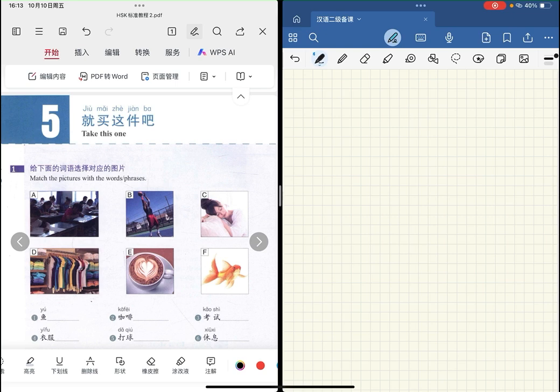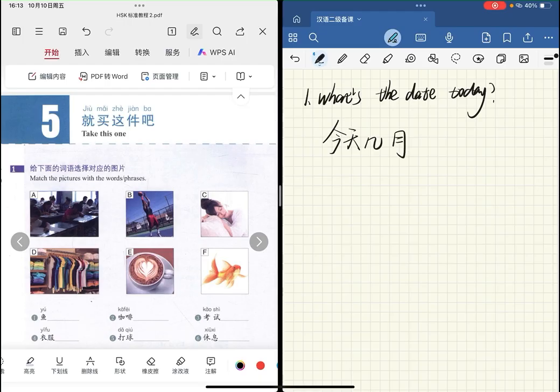今天几月几号？What's the date today? 今天几月几号？So we can see we use the 几 to make a question sentence.